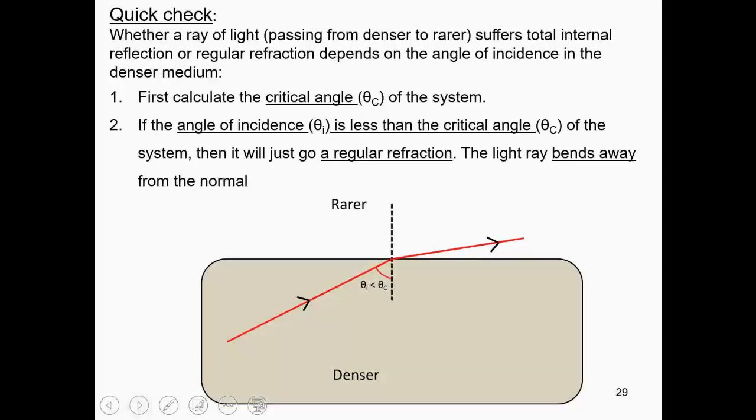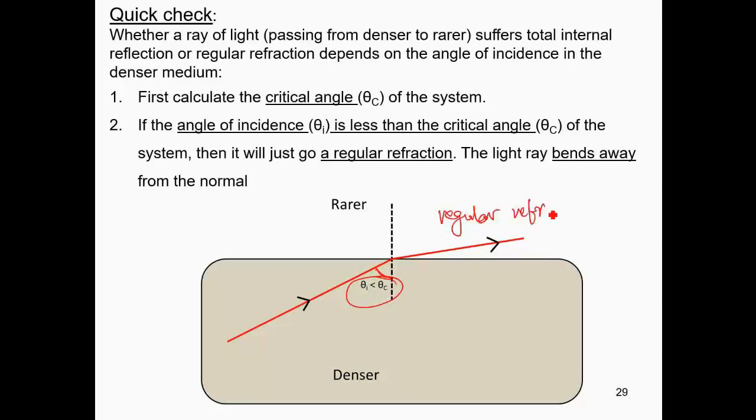Okay, so quick check actually. When does the light suffer total internal reflection, and when does the light pass into the upper medium? If the angle of incidence in the denser medium is less than the critical angle, it will just do regular refraction. It follows Snell's law.